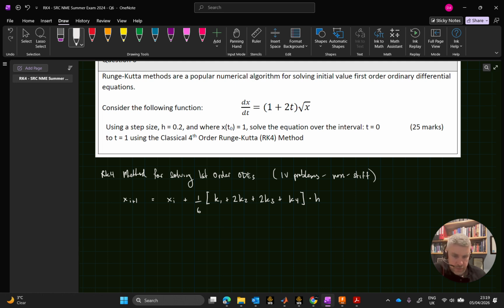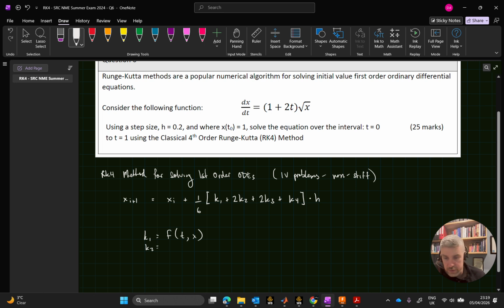So these K1, K2, K3s, and K4s, what are they? Well, K1 is equal to the function value, the function which is the slope, dx dt. And I'm going to use the independent variable, the current t, and the current x value here. So I'm using t and x because that is what this is a function of, t and x.